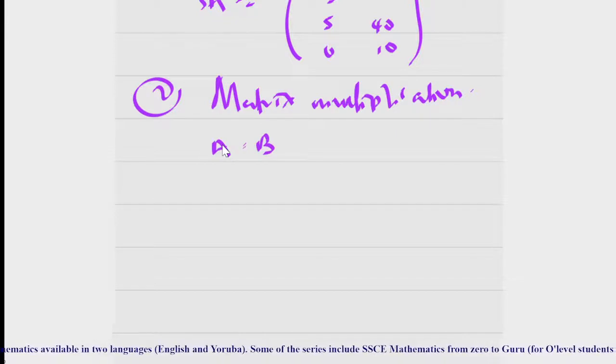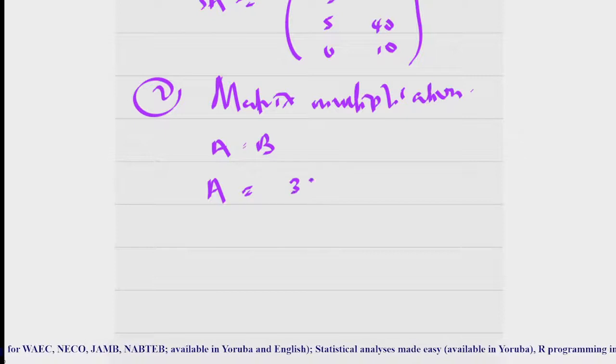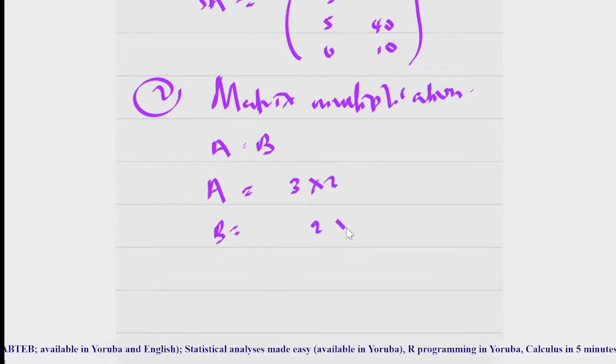What do I mean by conformable? That is, they must be defined. So in essence, the number of columns in the first matrix must be equal to the number of rows in the second matrix. For example, maybe you want to multiply these matrices together: let's say matrix A has an order of 3 by 2, and matrix B has an order of 2 by 3.